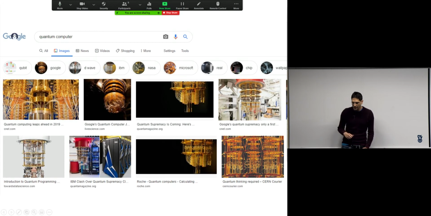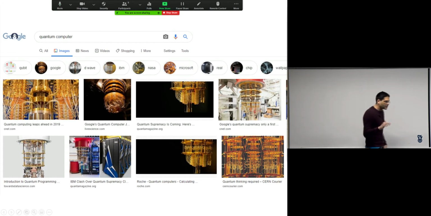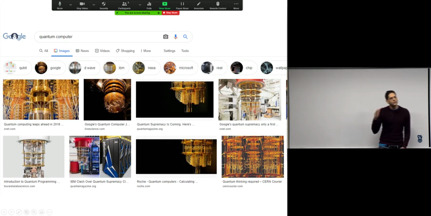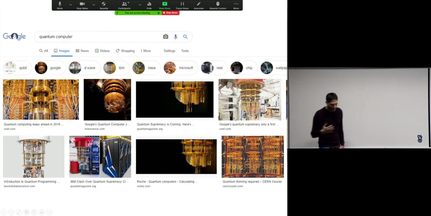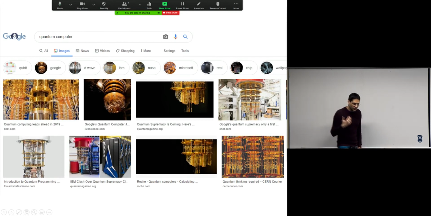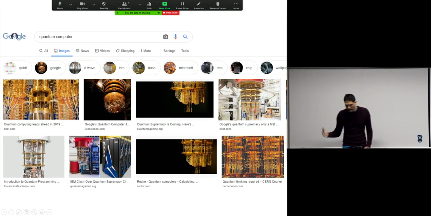You want to cool them down to low temperatures. And the reason that this shows up is basically this technology is currently considered the most advanced and the most promising for realizing quantum computers. It also tells you that it's highly hyped with respect to the other technologies.